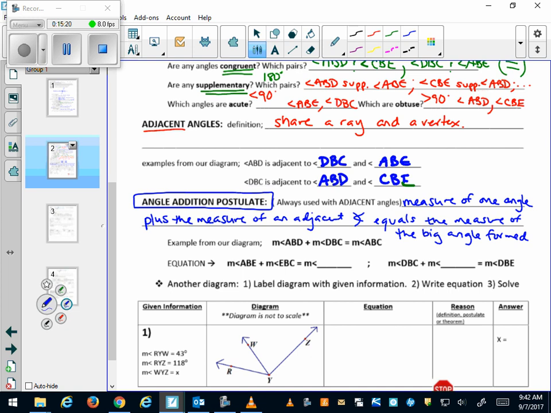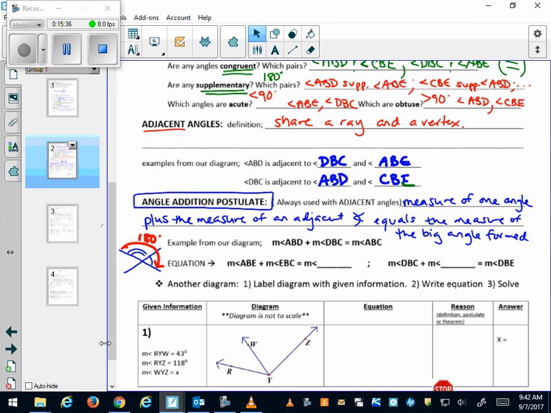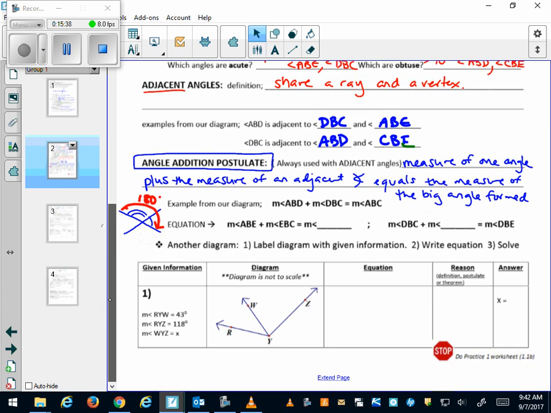So what this means is, in our diagram, this angle plus this angle adjacent to it adds up to the whole big angle formed. It happens to be a straight angle in our diagram, which is 180 degrees. It doesn't always have to be 180 degrees, though.